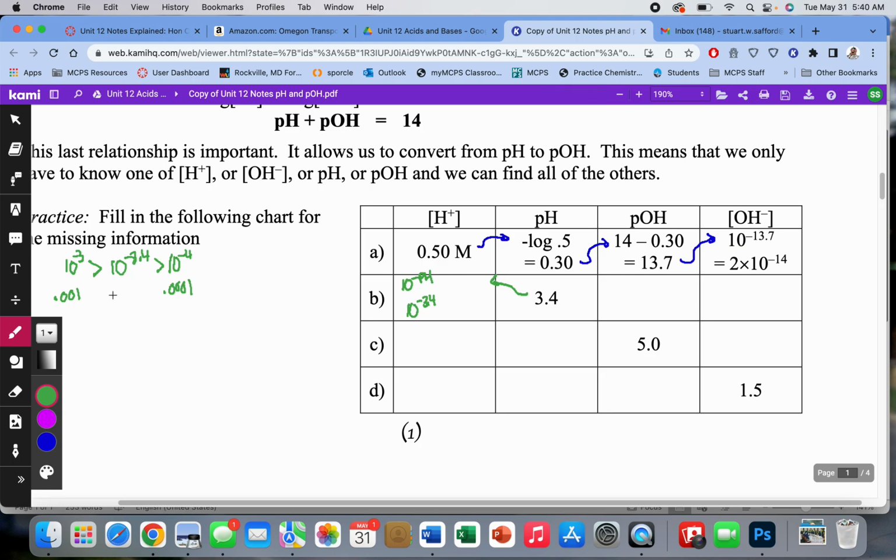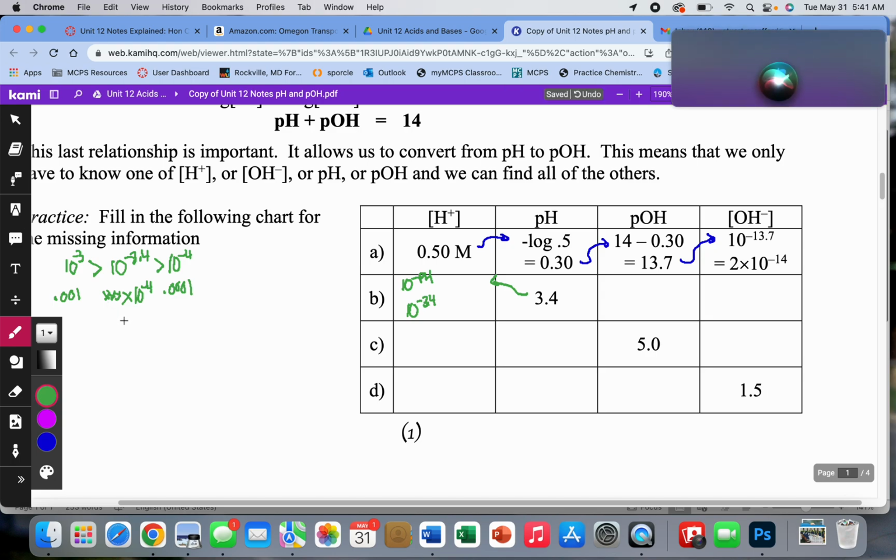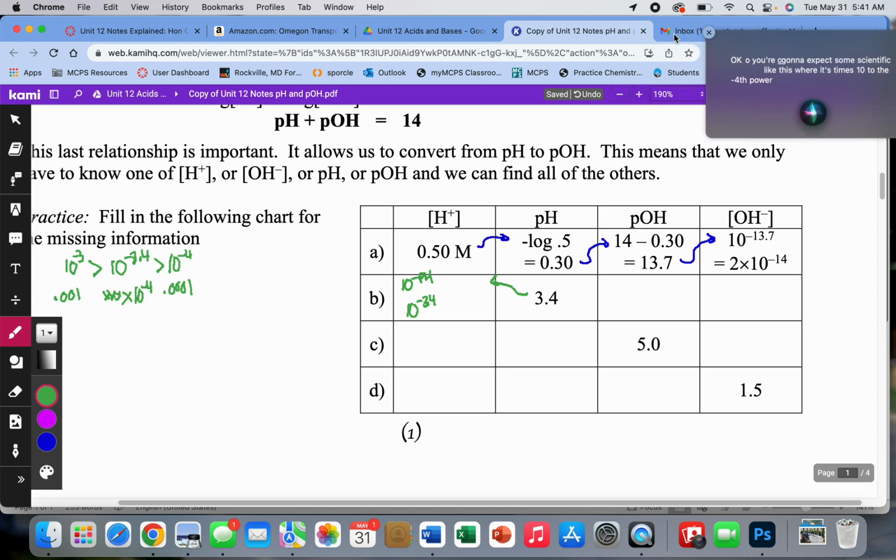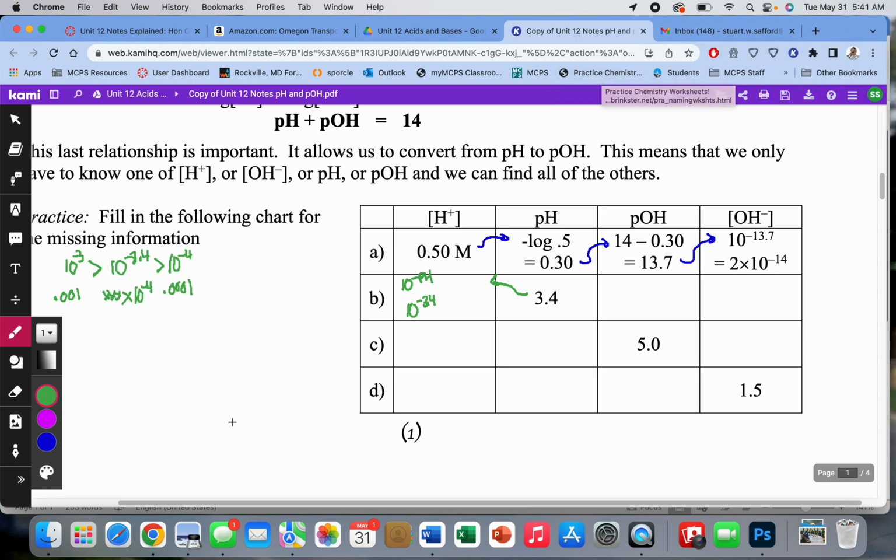So when you punch it in, you're expecting something in scientific notation that's going to be like some number times 10 to the negative fourth. You're going to expect some scientific notation like this, where it's times 10 to the negative fourth power. If we punch it in, 10 to the negative 3.4 gives us 3.98 times 10 to the negative fourth.